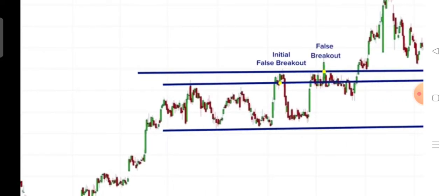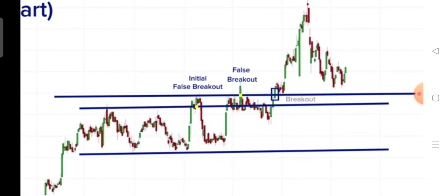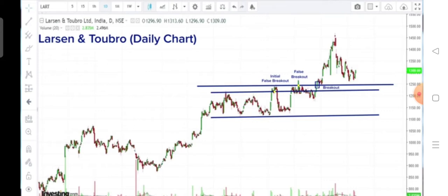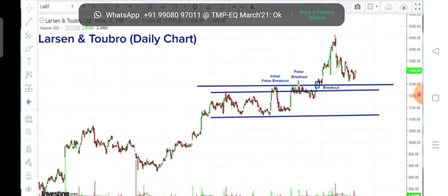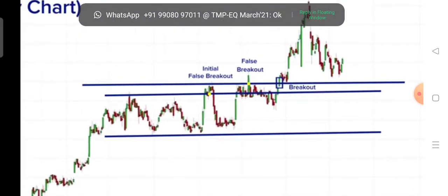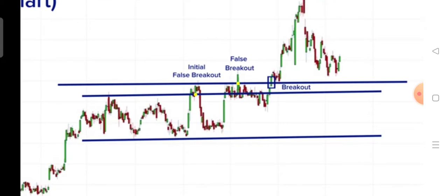Then again, there was a breakout in the month of November, which was not very fruitful, and the price retraced for some time. Then the actual breakout happened in the beginning of January, and after that the stock moved a lot higher. So, in a rectangle, there are these kinds of false breakouts also.